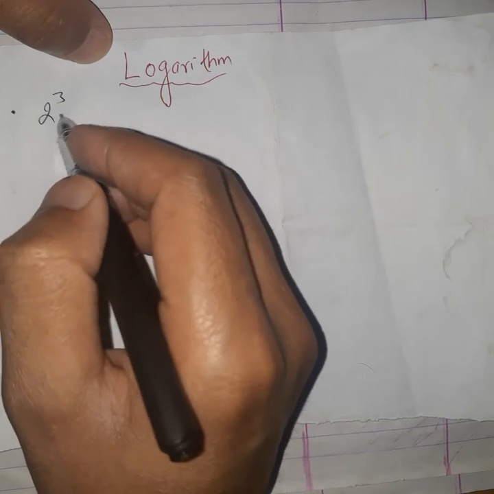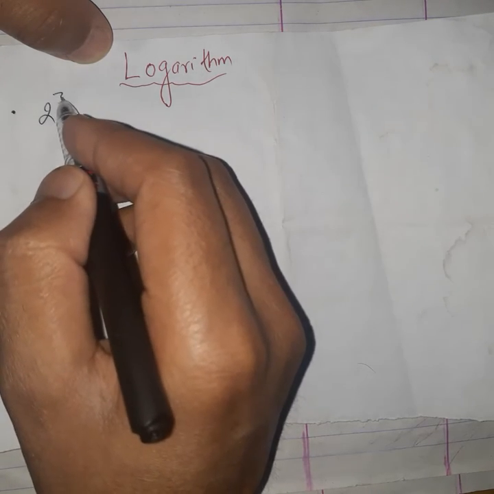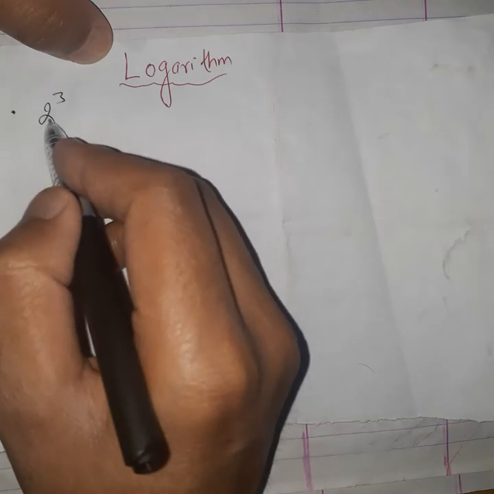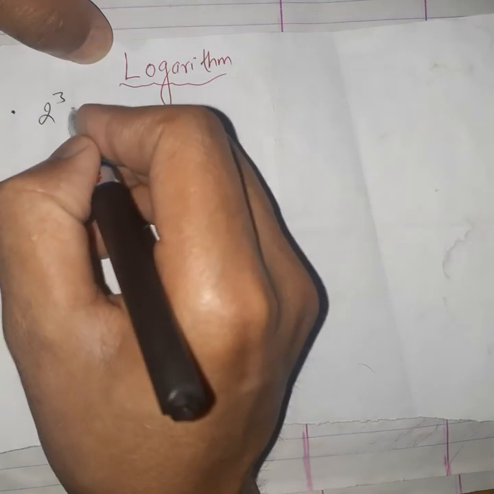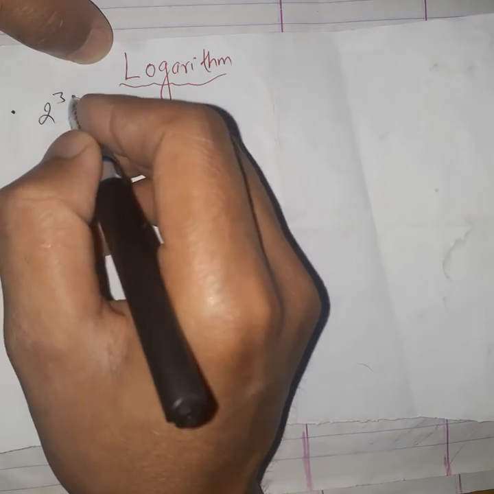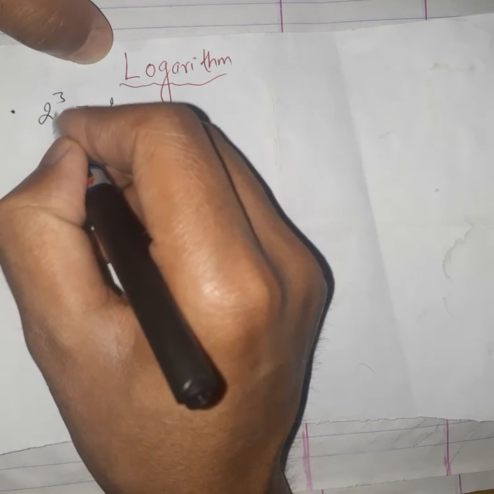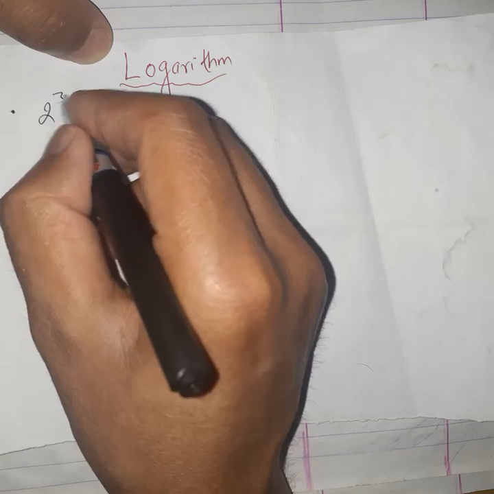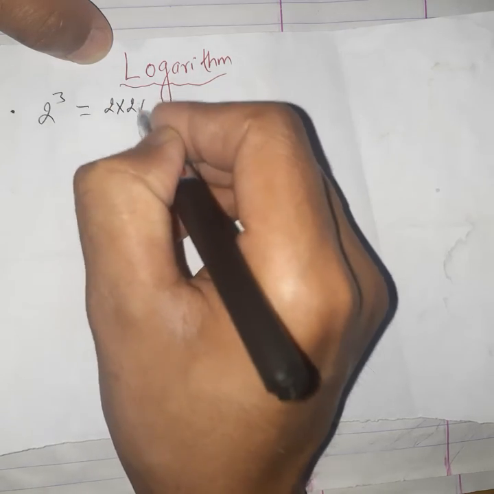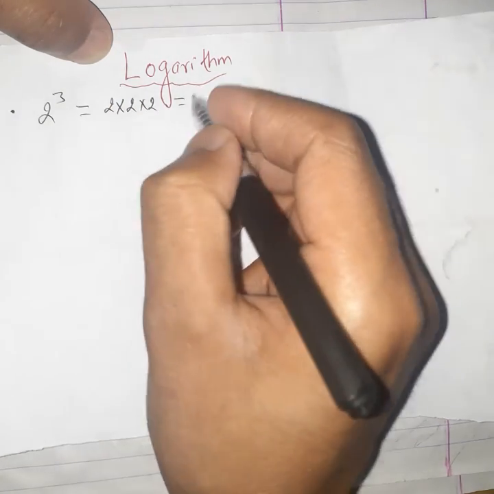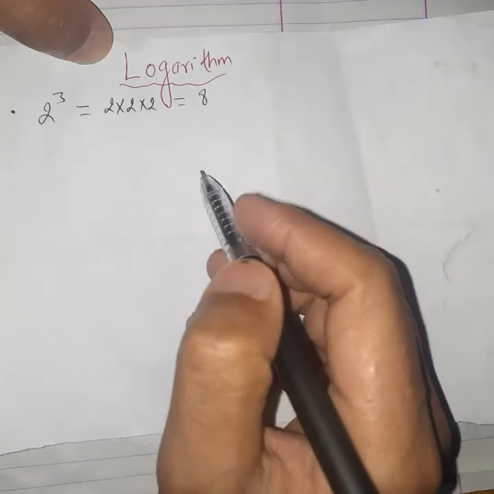This means that 2 is raised to the power 3, which means the number 2 is multiplied 3 times by itself: 2 times 2 times 2, and this gives the answer 8.